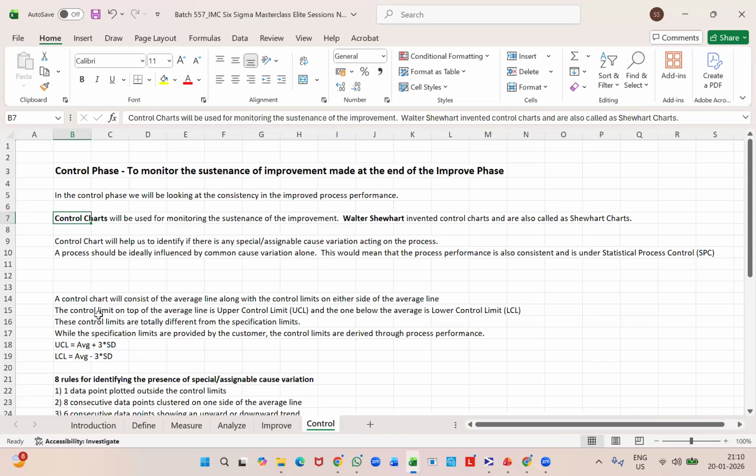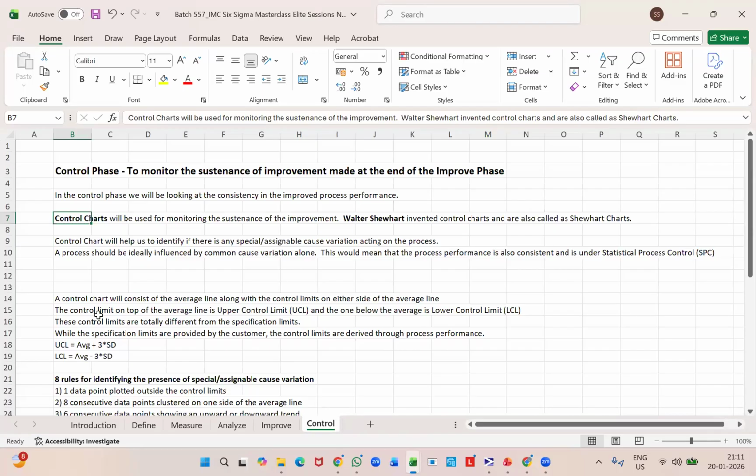So what do we actually try to achieve by monitoring the process performance through control chart? We would try to identify if the process is influenced by any assignable or special cause variation, right? As I told you, the process ideally should be influenced only by the common cause variation.